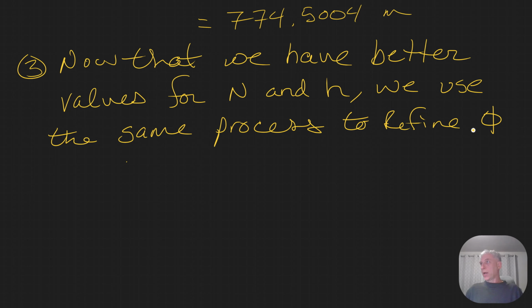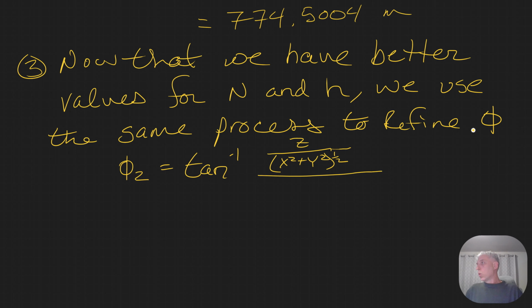So we would say our phi2, or our next refinement, our next iteration, is equal to the tan inverse of z, that whole mess, z over x squared plus y squared to the 1/2, or the square root, over 1 minus e squared, or epsilon squared, sorry, times n over n plus h.